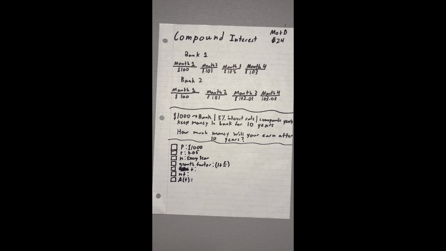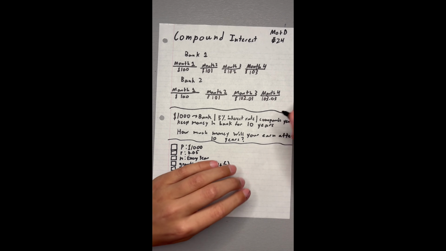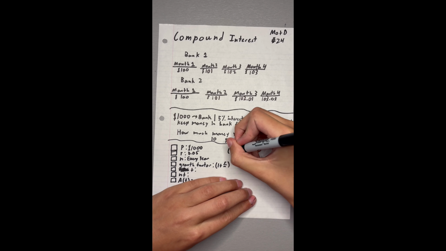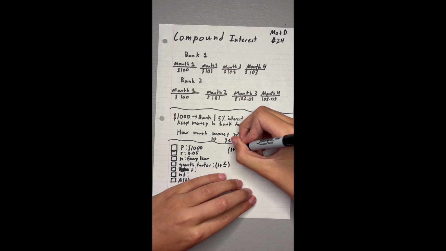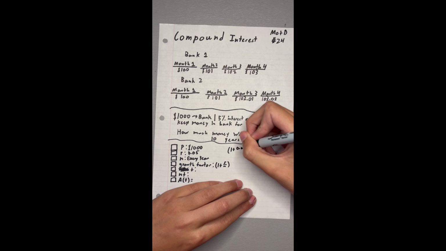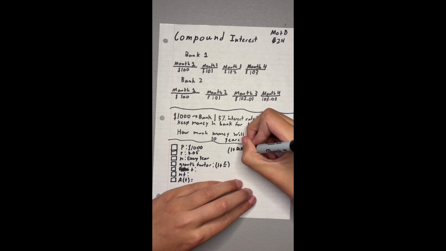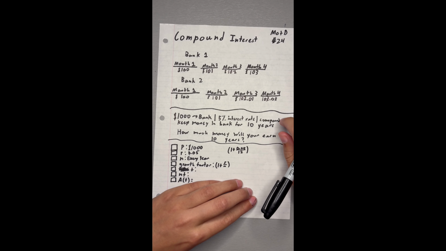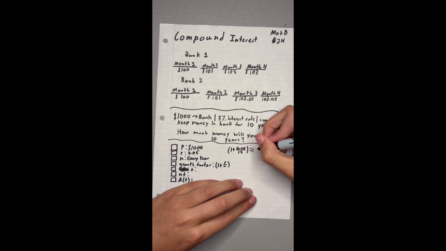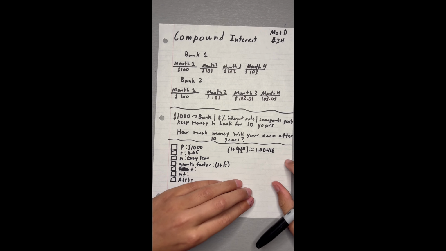Let's say instead of our money compounding yearly, it compounds monthly. We would then write this equation as 1 plus 0.05 as our interest rate over, instead of every year, 12 for 12 months because it's monthly, and this is about equal to 1.00416.